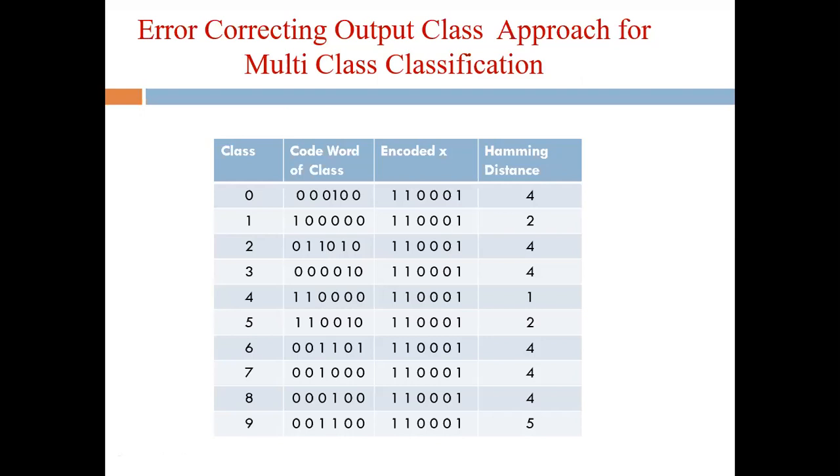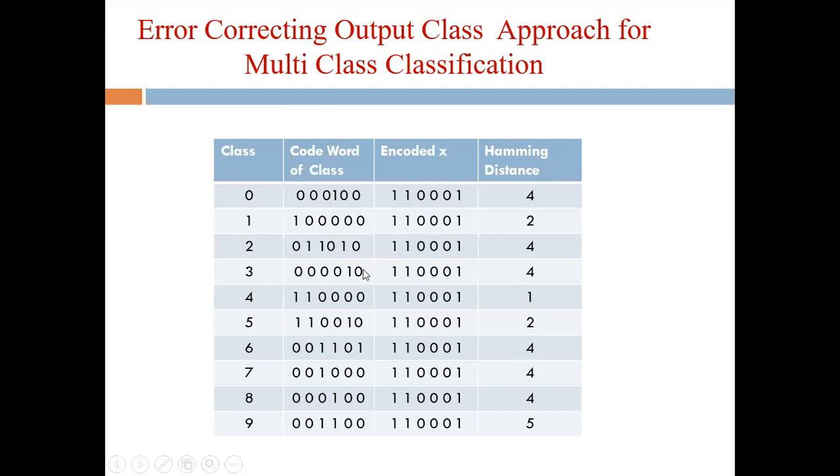The last bit, that is the sixth bit of class 4 and the test instance X, is different. That is, this is 0 and this is 1. Apart from this last bit, the rest of the bits are the same, right? So the Hamming distance between class 4 and the test instance X is calculated as 1.